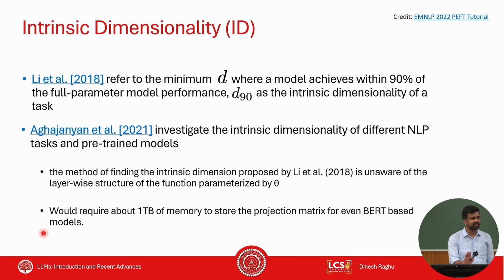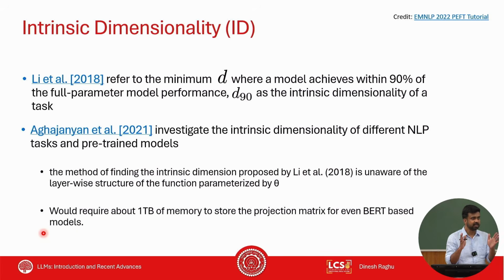Now this was in general made for deep networks. But then in 2021 people investigated this in the light of large language models and specifically for NLP tasks. While I mentioned that Li et al. considered the trainable parameters as one long vector, that did not take into account the structure of transformers, because there is a repeated structure and a layer-wise structure.